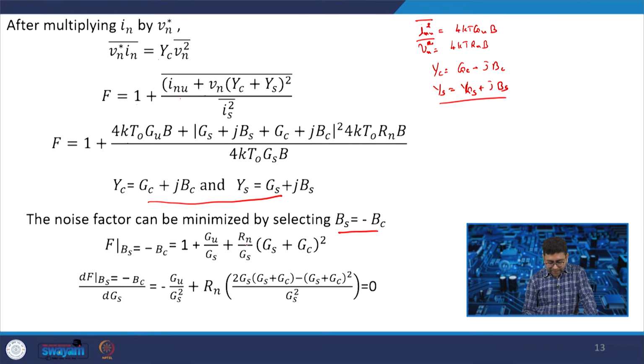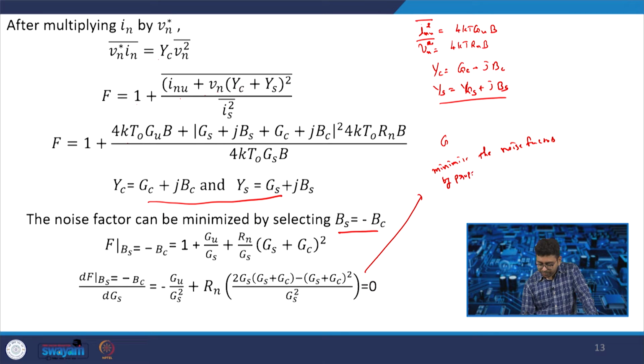Now here Gs is the real part of Ys, and we want to minimize the noise factor by proper selection of Ys.